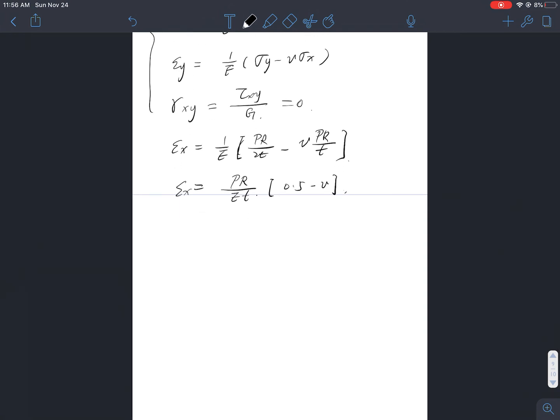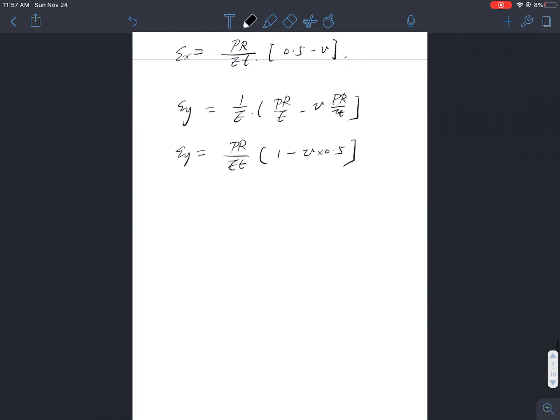So that's x, right? So y equal to 1 over E times sigma y, PR over T minus nu PR over 2T. So this gives me 1 over E, so PR over ET again here, inside 1 minus nu multiplied by 0.5.